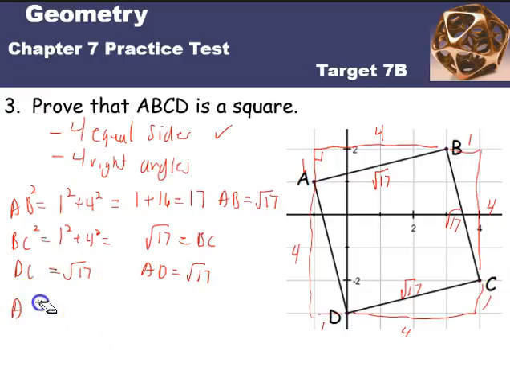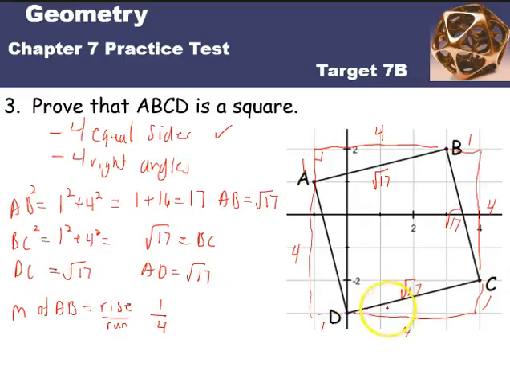And I should write M for slope. This time M is standing for slope instead of measure, so the slope of side AB is, remember, rise over run. So to get from A to B, I rose 1 and I ran 4. So it's 1 over 4.